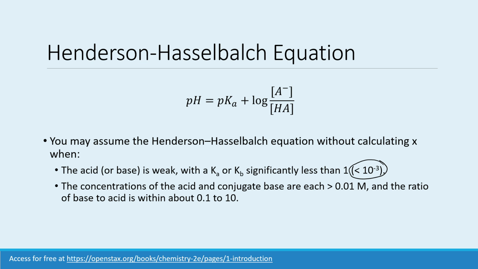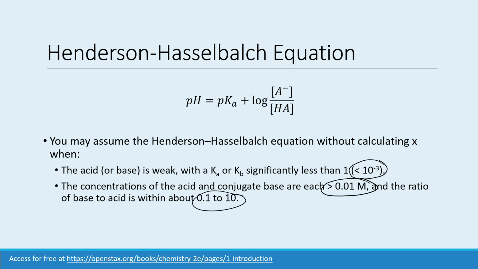Now, in addition to this, we've also got to make sure that the concentrations of the acid and the conjugate base of the buffer system is greater than 0.01 molar. Okay, and this goes back to the definition of a buffer where you have to have appreciable amounts of each. And the ratio of the base to acid needs to be within that 1 to 10 ratio. Okay, so 3 things that we're going to check.